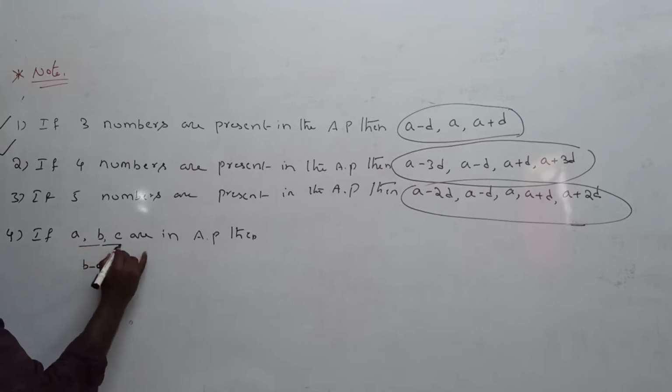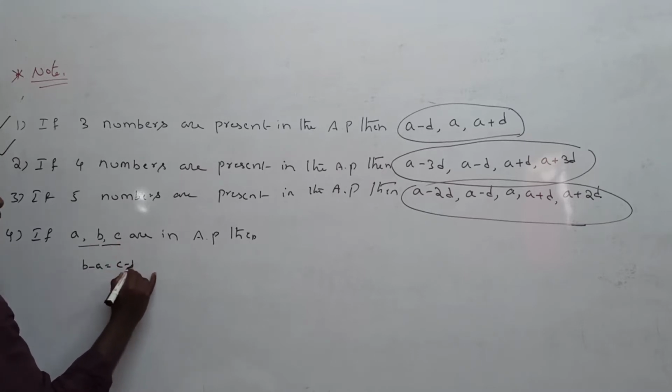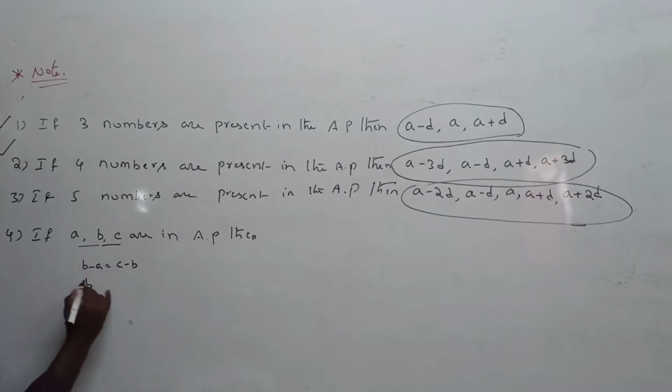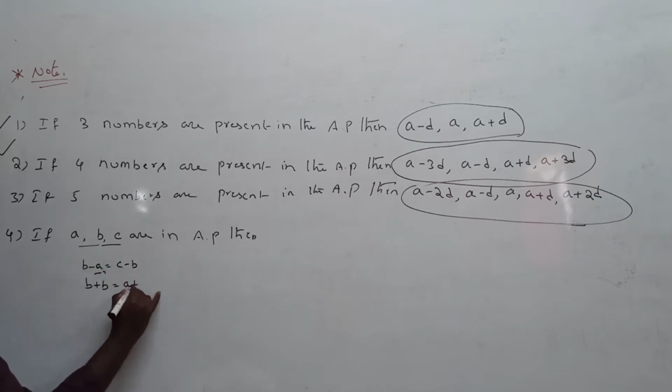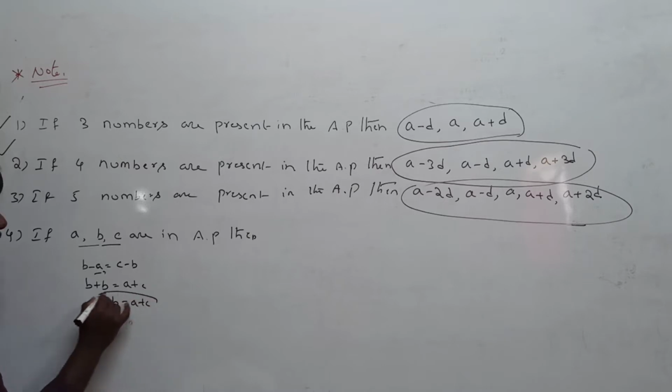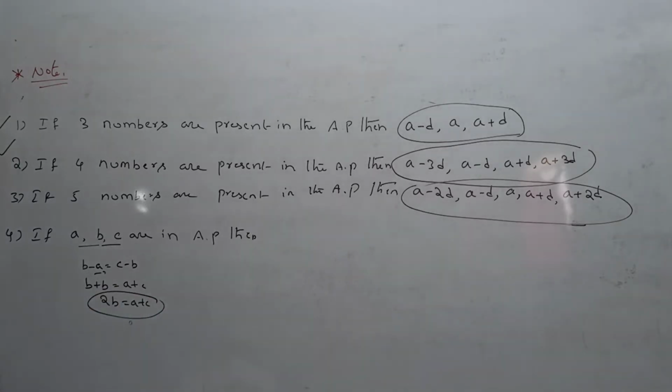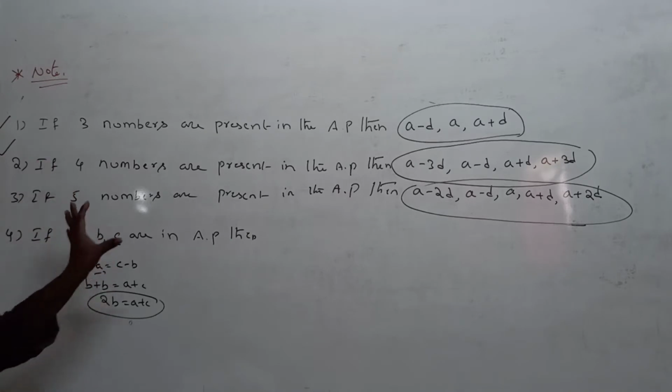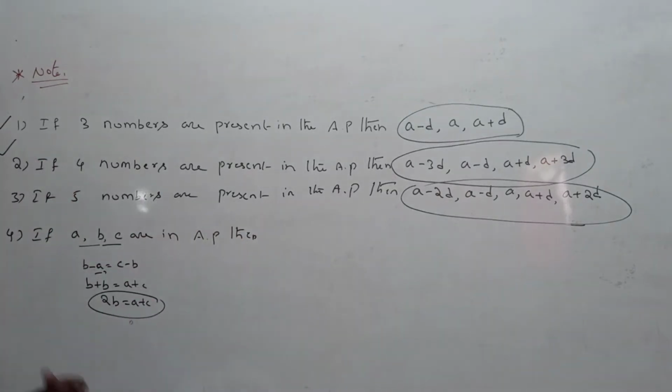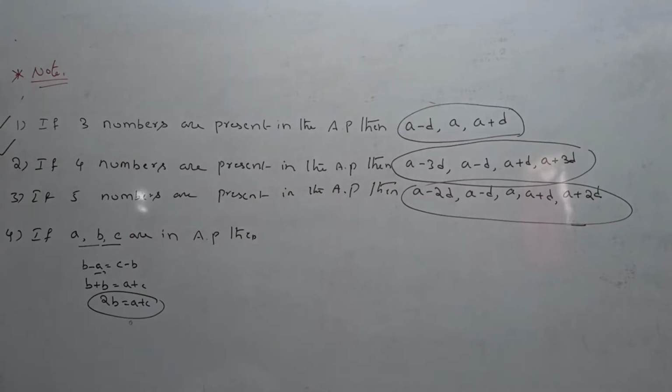Next, this difference we are taking c minus b. So b minus a is equal to c minus b. Taking b to the left hand side, plus b, and a to the right hand side, plus a plus c. b plus b is equal to 2b is equal to a plus c. This is an important condition. If a, b, c, three numbers, are in the arithmetic progression, we can take the formula 2b is equal to a plus c.